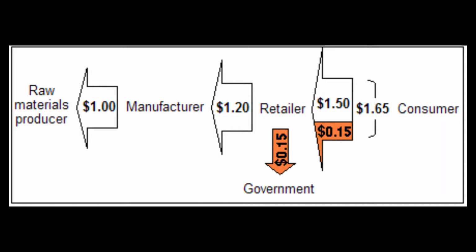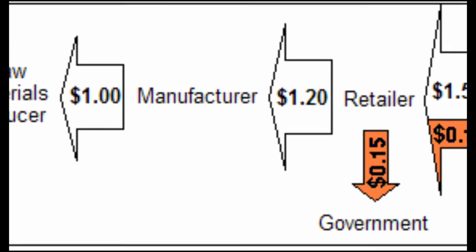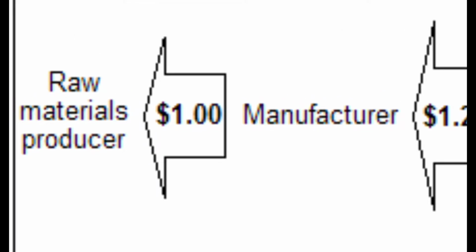First of all, we will talk about sales tax, how it is charged and how it is paid. In this picture you can see the diagrammatical illustration of sales tax. Here you can see first the raw materials producer. For example, we are talking about chairs, and the raw material producer is the producer of timber, wood from which chairs are made.